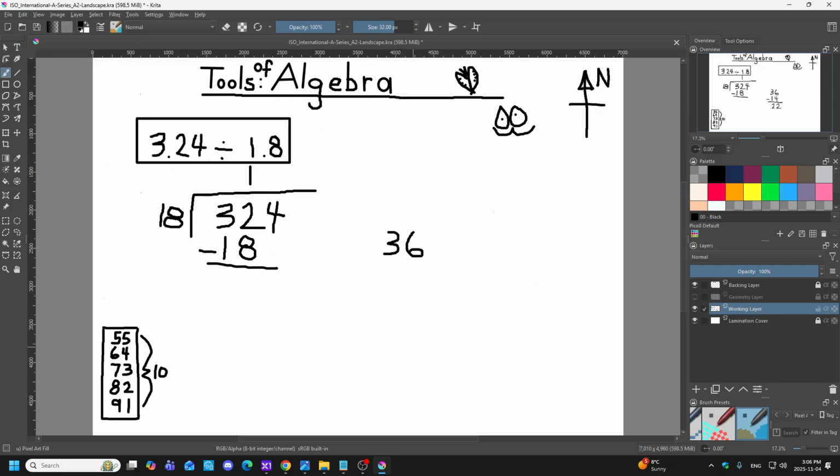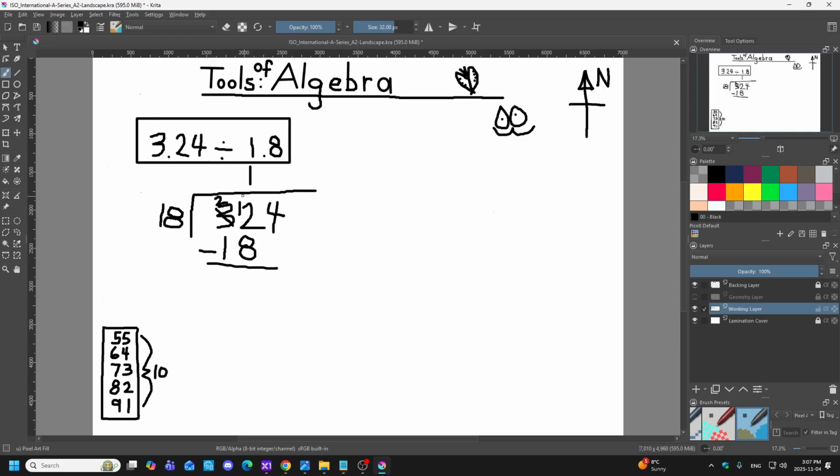But what do you do if the number above is smaller? 2 is less than 8. We have to borrow. So we borrow from the 3, turning the 3 into a 2. We're borrowing a 1, which makes this imaginary 12.